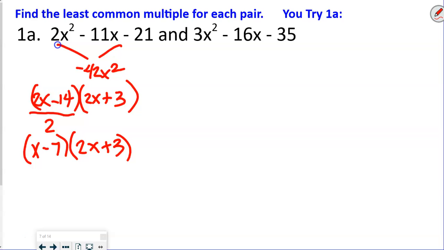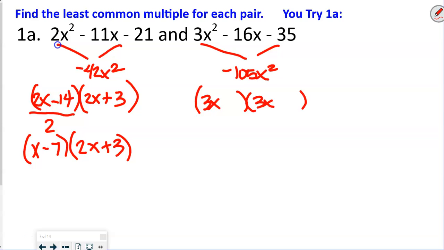So, I'm going to do the same thing over here again. This is going to be minus 105x squared. Put 3x here, 3x here. Now we're trying to find the factors of -105x squared that give me a -16.